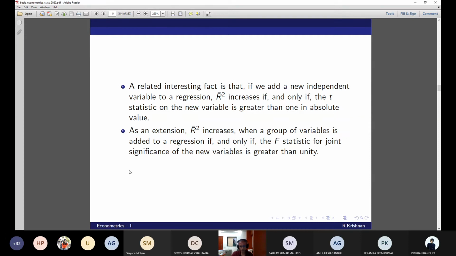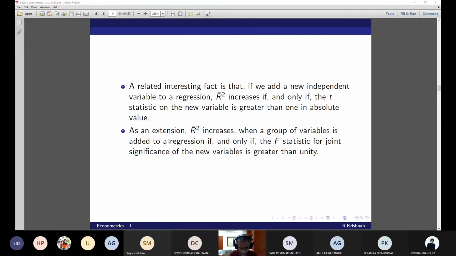Sir, just another doubt. There have been instances where if you add a new variable, the t-stat for that variable may be insignificant, but your F statistic is significant for the combined regression. Wait a minute, a set of variables or one variable?